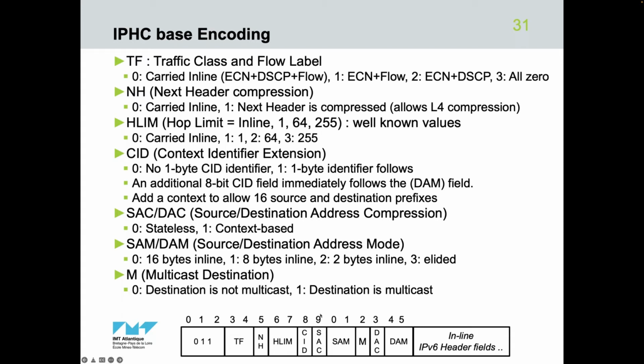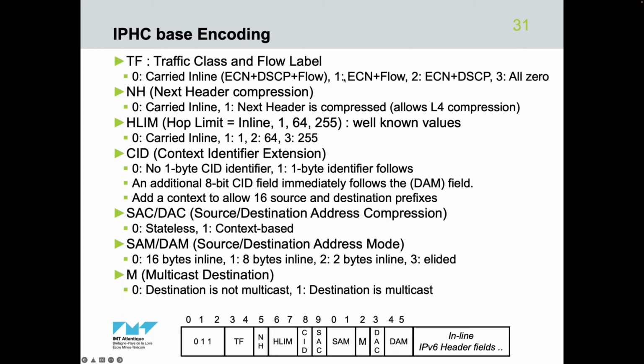First, we have what's called TF. The TF field handles the compression of the traffic class and flow label fields of the original IPv6 header, the one that I showed you at the very beginning of this presentation. Considering that it is a 2-bit field, there are 4 combinations of these 2 bits. If it is 00, then all information will be carried in line.